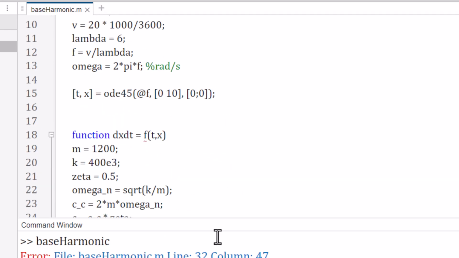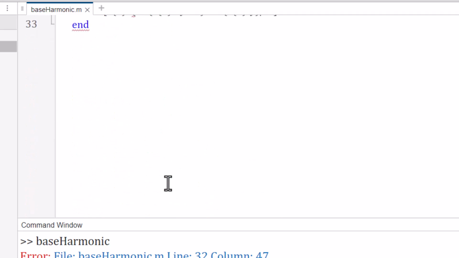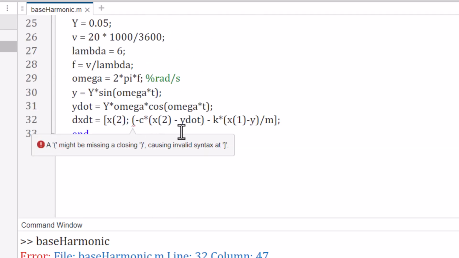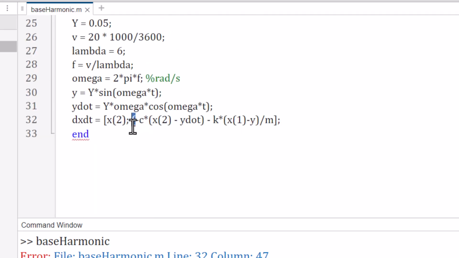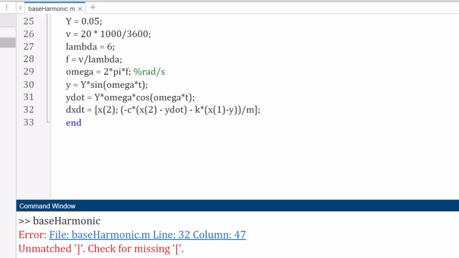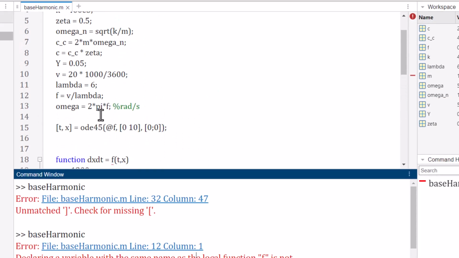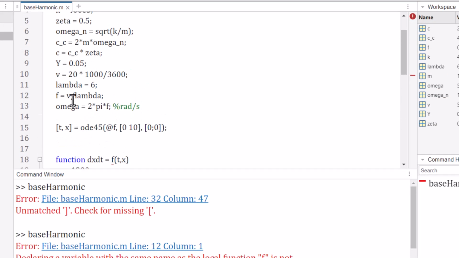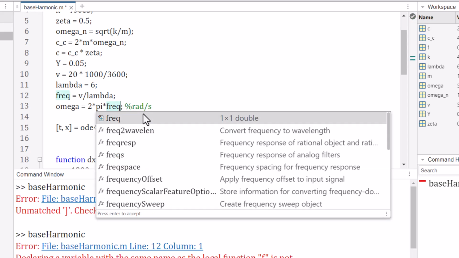And now if I run the equation, I am facing an error. Let me see where it comes from. Okay, I guess I need a parenthesis here. Okay, since I named this function f, I cannot use f as frequency, so I rename it as freq.